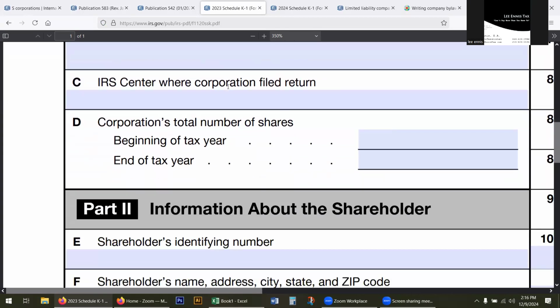On that K1, it is going to list the number of shares that the corporation had. And that is dictated by the organizing document of the company when they first started. Many times you start with just 100 shares, but it can be 1,000, 10,000, 1,000,000, right? What matters is how those shares are divided.